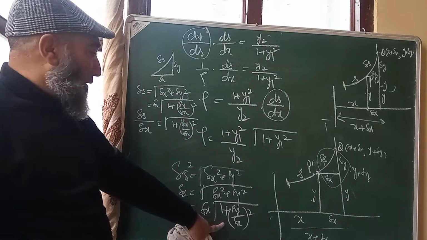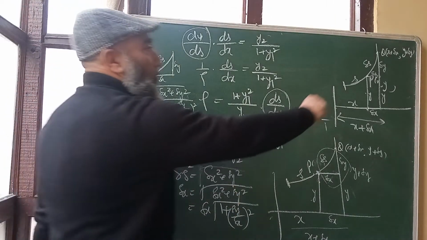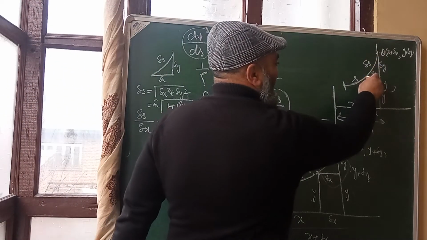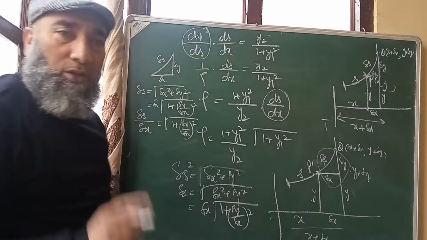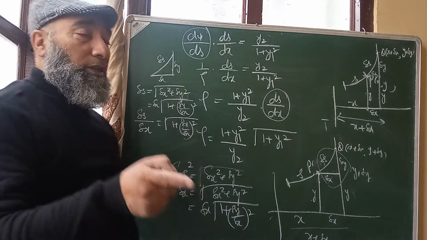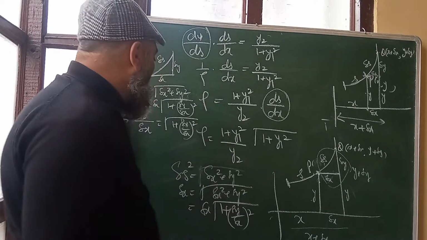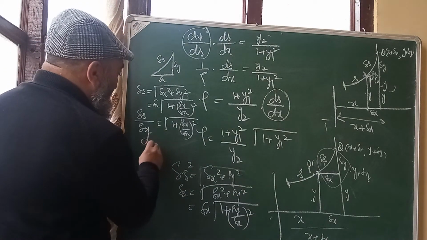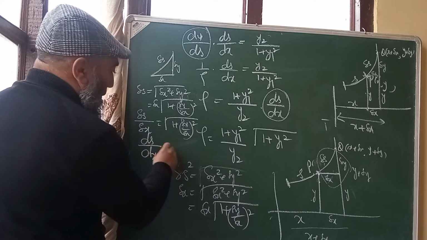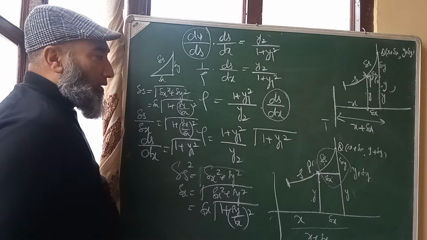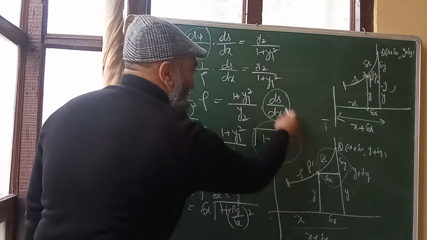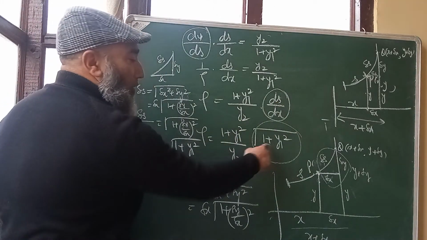This is what I have written. Now taking limits as q approaches p, because you are actually taking curvature at point p, while p is a function of x and y, because we are taking the Cartesian coordinates only. So this will be ds by dx, and this is under root of 1 plus y1 square. That is why I have used ds by dx equal to root of 1 plus y1 square.